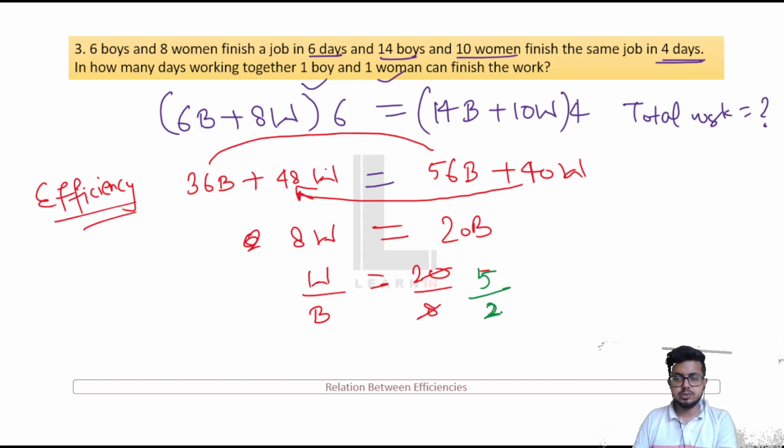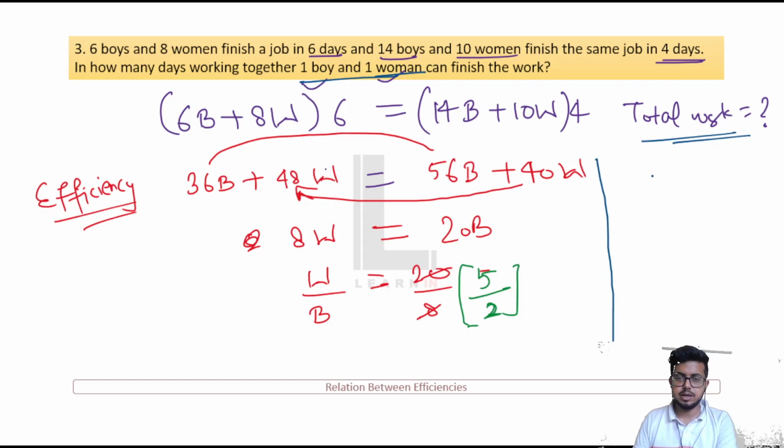Now since we have the efficiency, how much work they are doing per day, we can find the final answer. Remember, we need to find in how many days one boy and one woman can finish the work. So total work we have to find now.